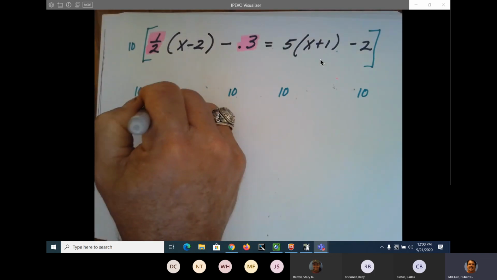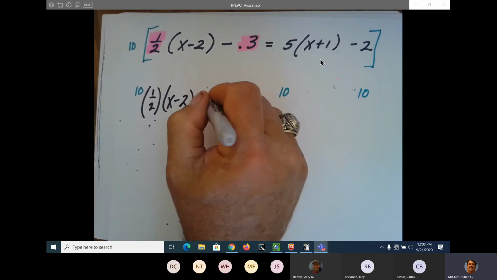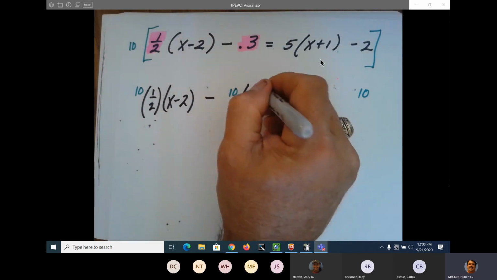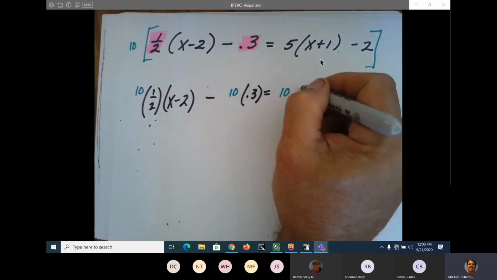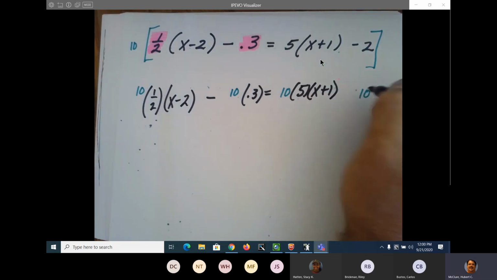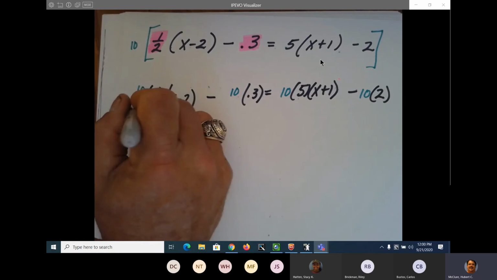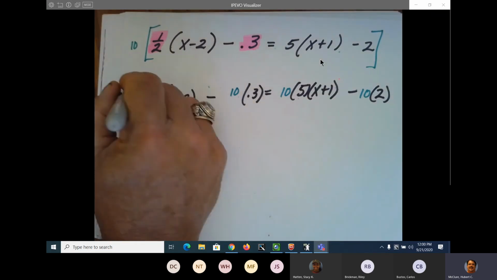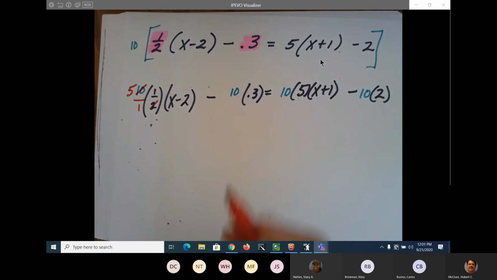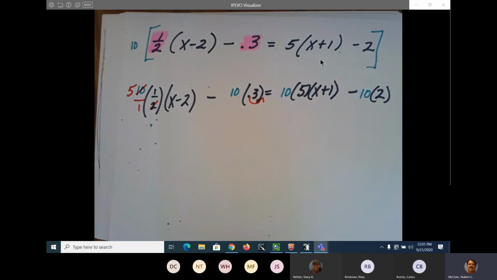So that's 1/2 (x minus 2) minus 0.3 equals 5 times (x plus 1) minus 2. And of course, 2 will go into 10 5 times. This will move this one place to the right.